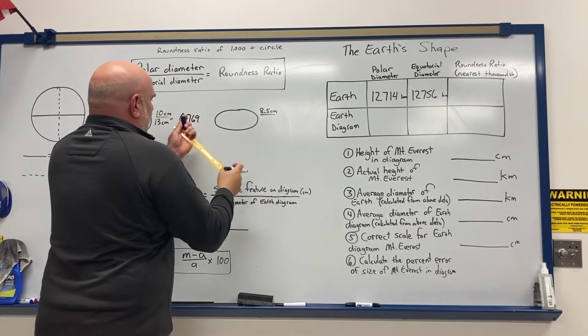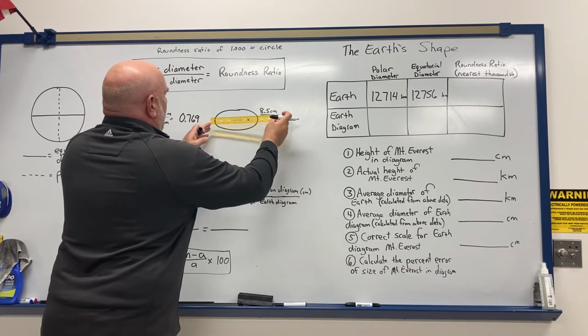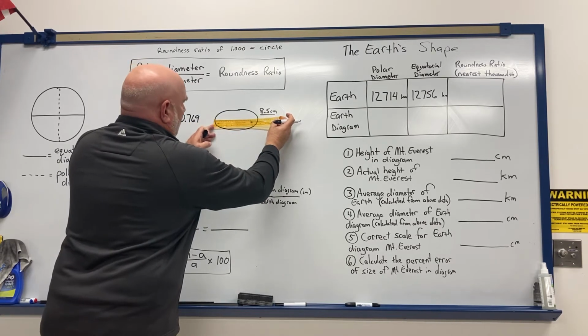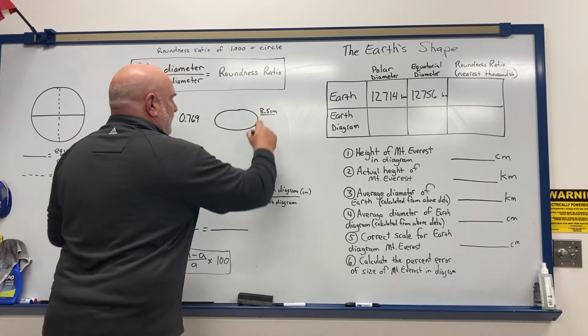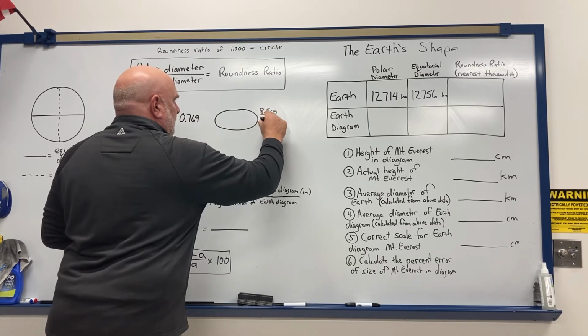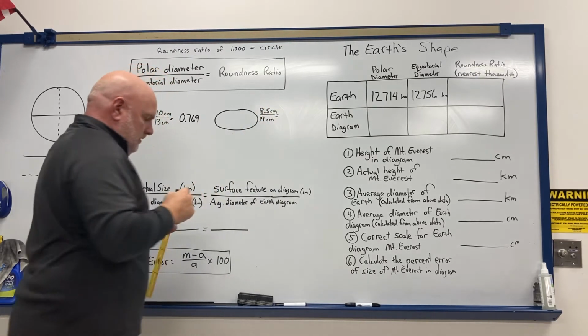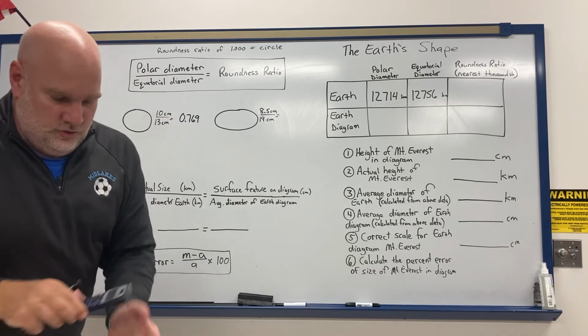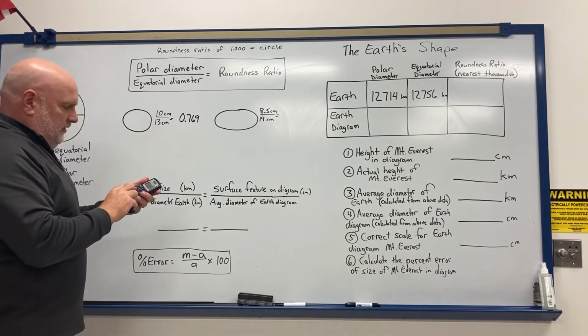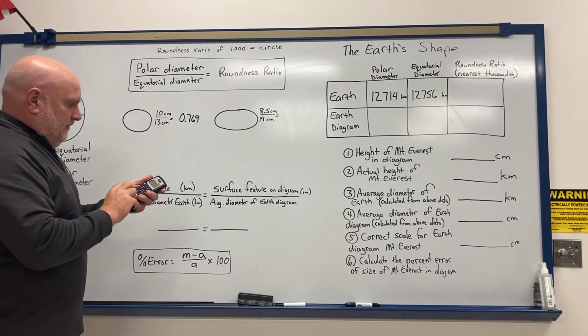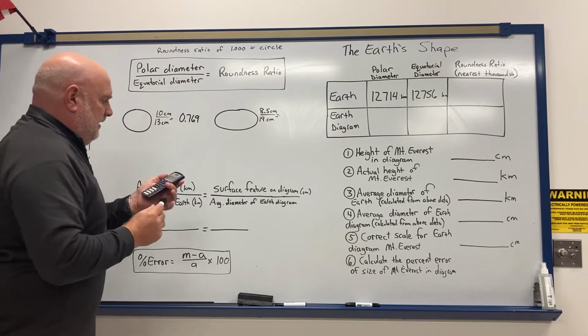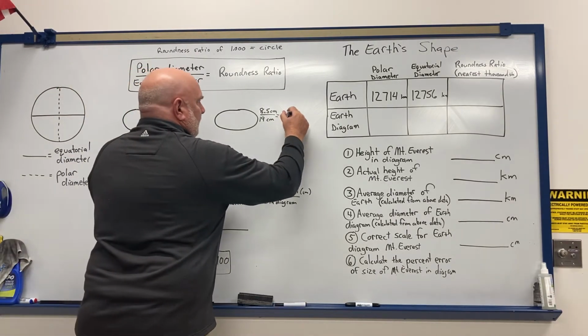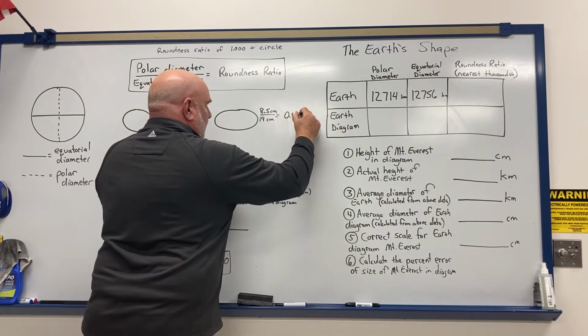Measure it from there to there, the equatorial diameter, and I get about 19 centimeters. So I do 8.5 divided by 19, and I get 0.447.